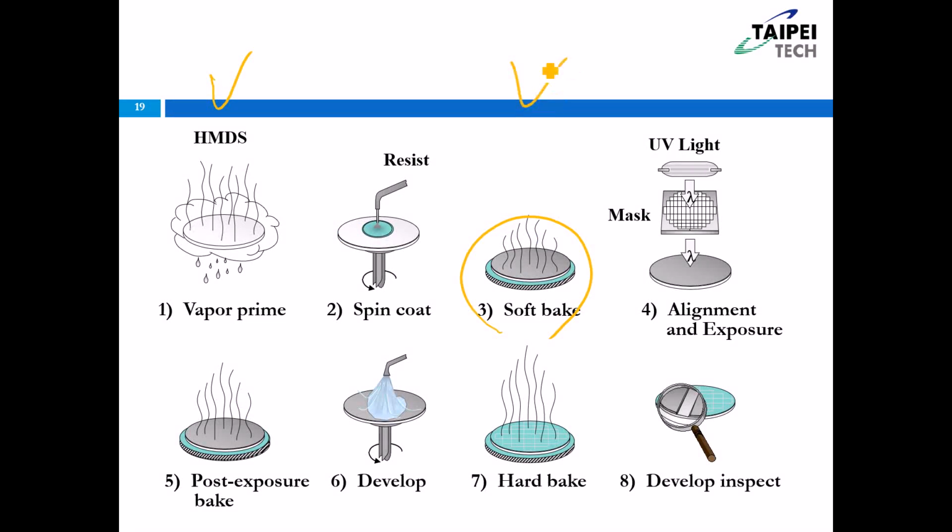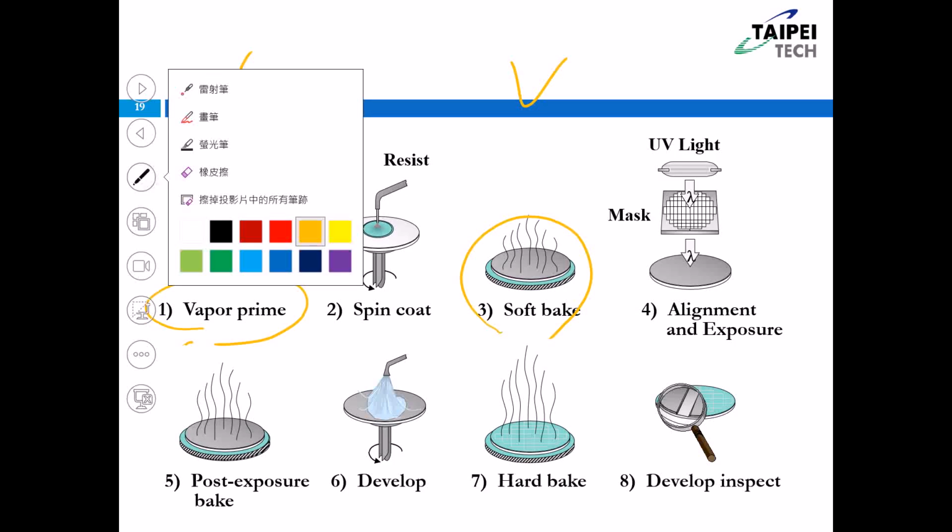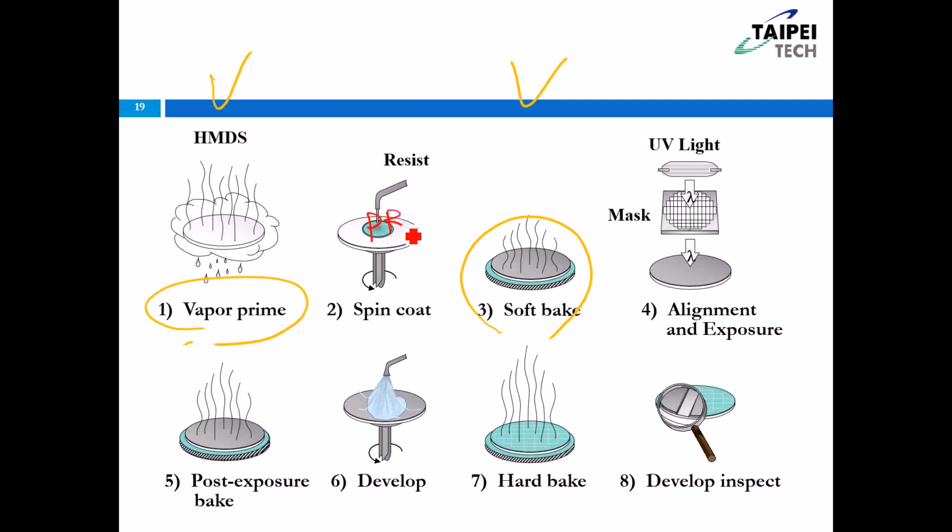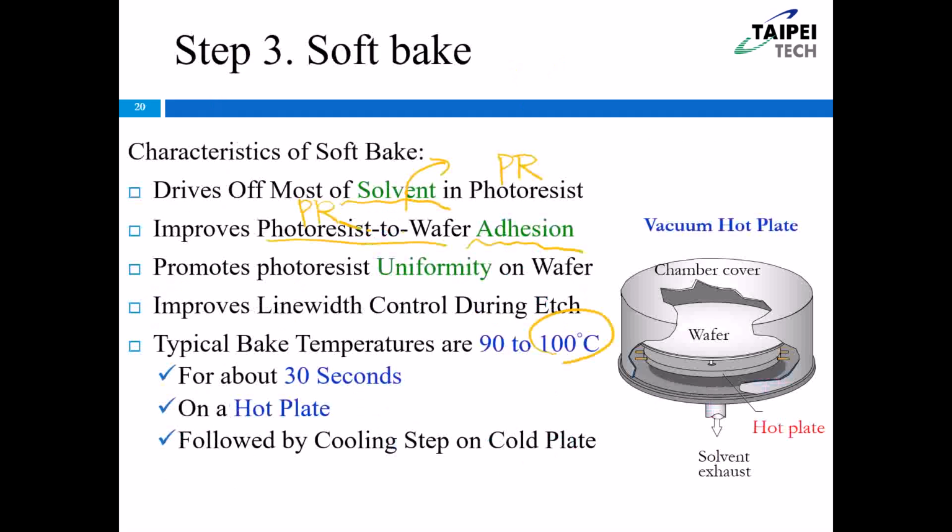The first, vapor prime, and the third, soft bake, those two processes both improve the adhesion between PR and the wafer.